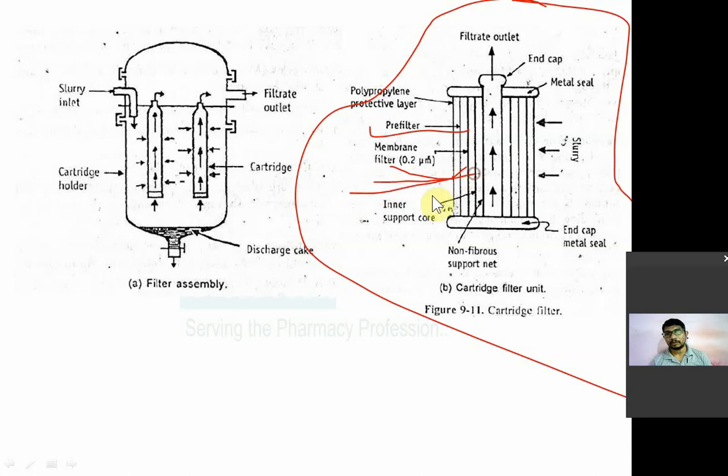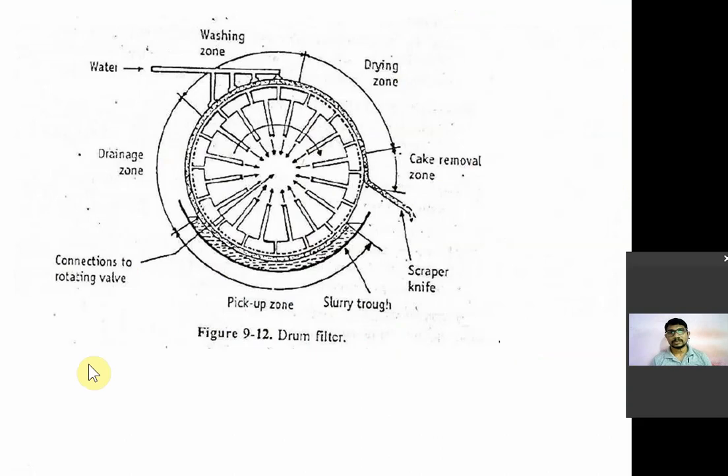So there are two-three processes simultaneously: filtration, drying of cake and removal of cake. Washing of the cake is also there: drying of cake, washing of cake, then removal of cake. So this process takes place simultaneously in the drum filter. So this was regarding the filtration.